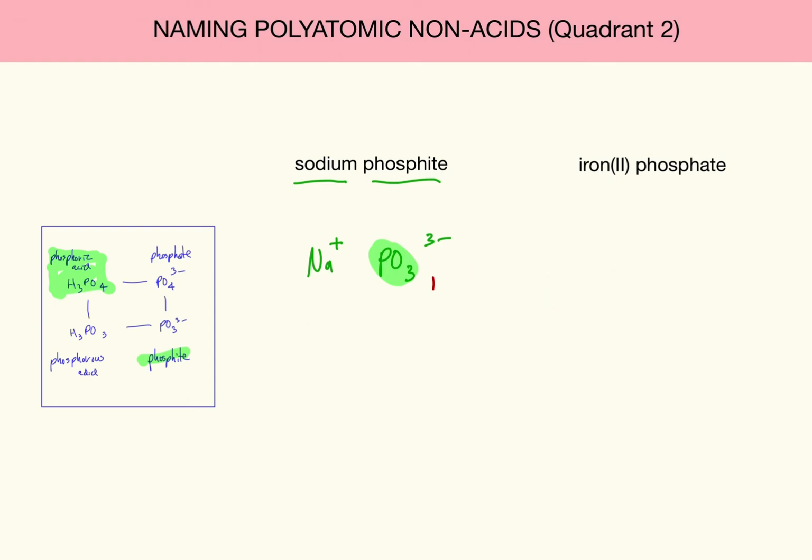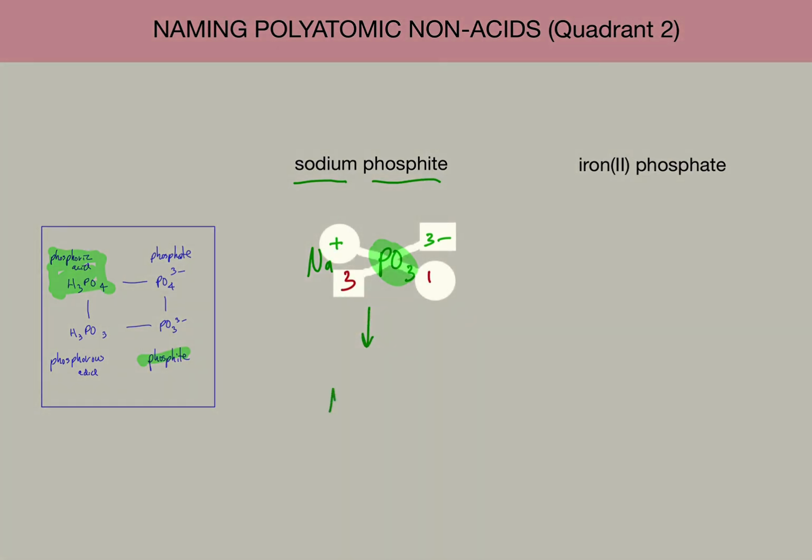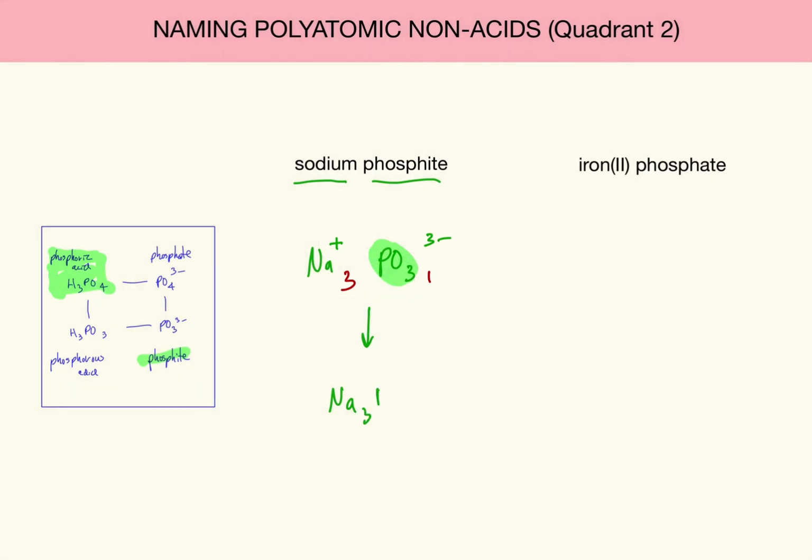But my total positive charge right now is only a single +1. So this is not a charge neutral compound. How can I get it to be charge neutral? Easy. I see that I can use the cross multiply trick. And in cleaning this formula up, gives us Na₃PO₃.